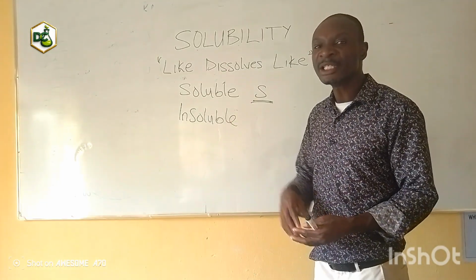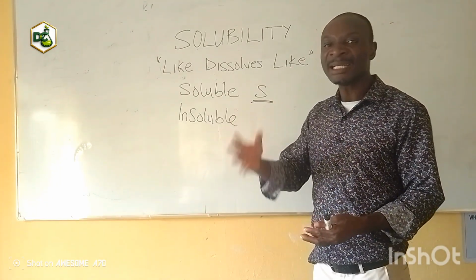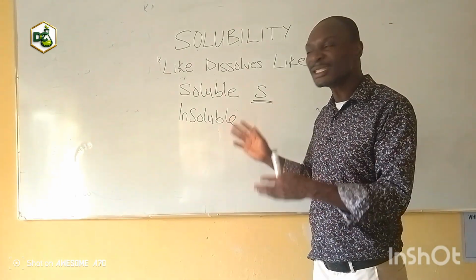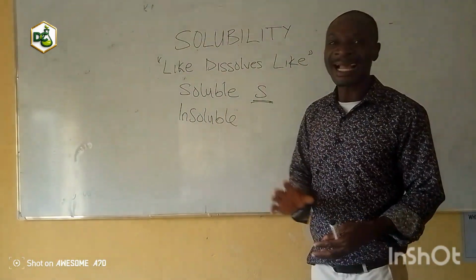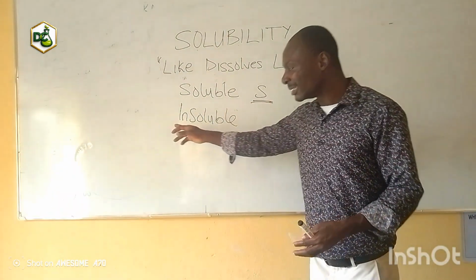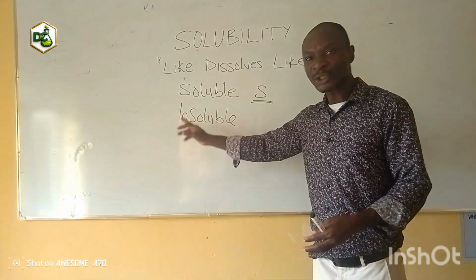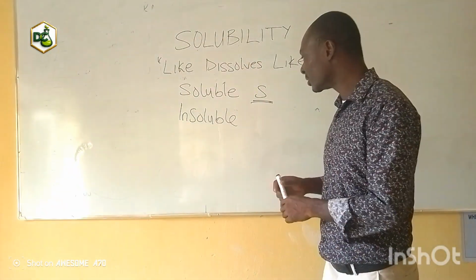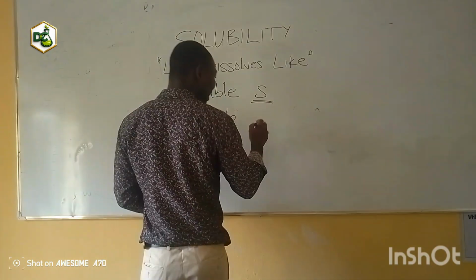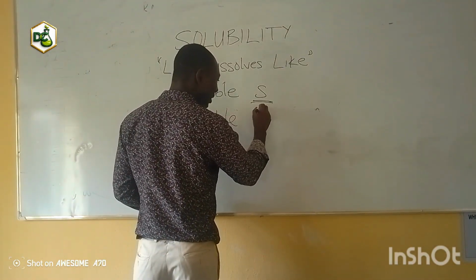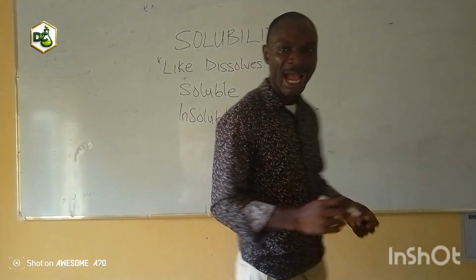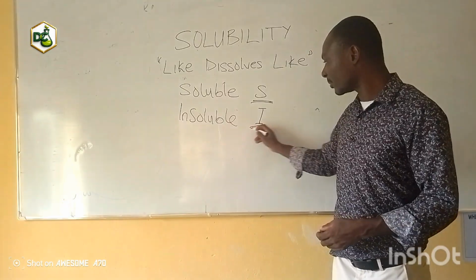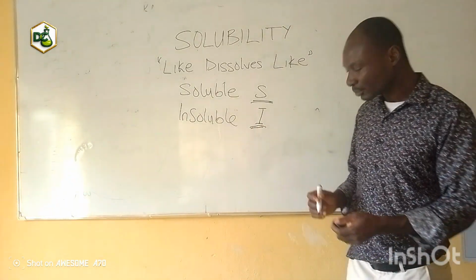After several attempts to dissolve it, after several attempts to mix it, you still discover that the solute is still intact in the solvent. In that case, we say that substance is insoluble in the solvent. So we can present it with capital letter I.